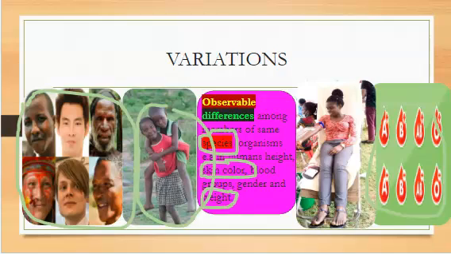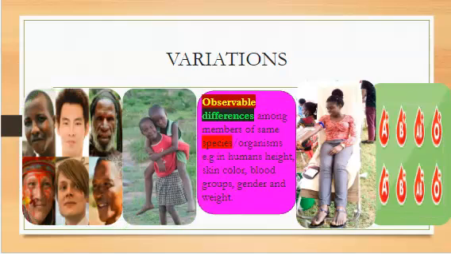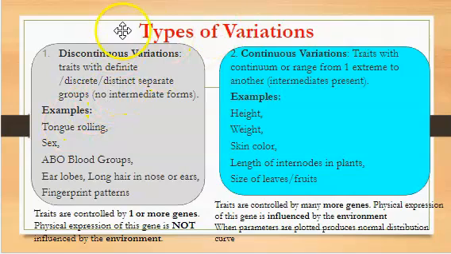Weight of human beings in this case. And that's basically variations, observable differences among members of the same species. So the keyword there is observable difference and then species.